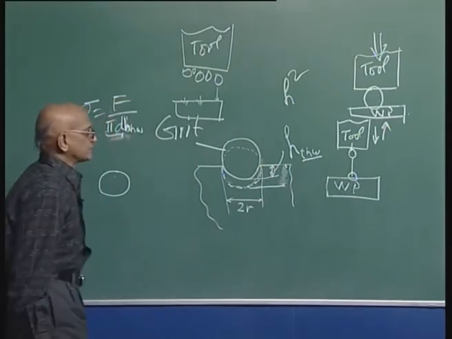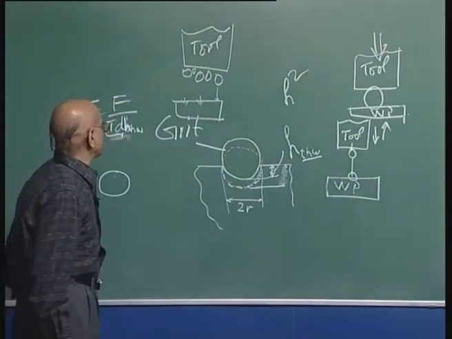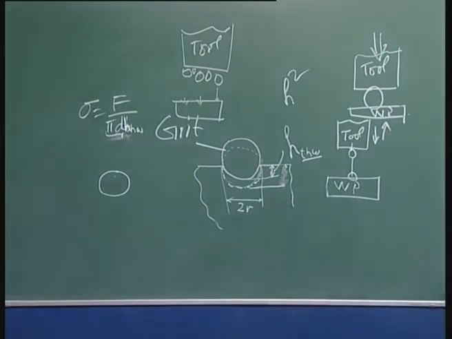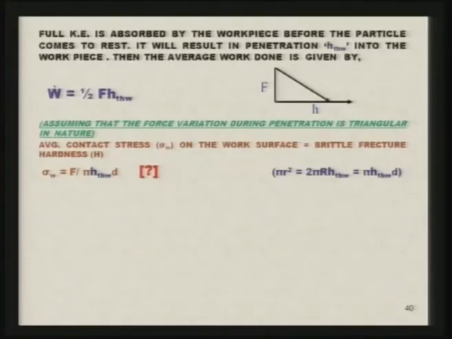So, from this we can find out the area over which force F is acting. From there we can determine sigma w. So, we get F equal to pi d h_thw, substituting sigma w equal to h.